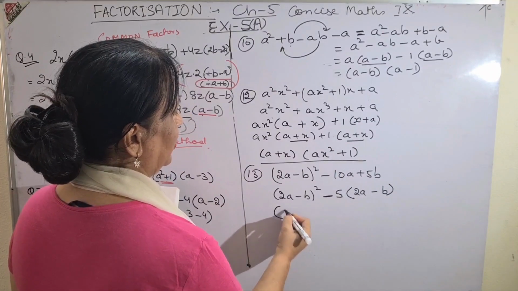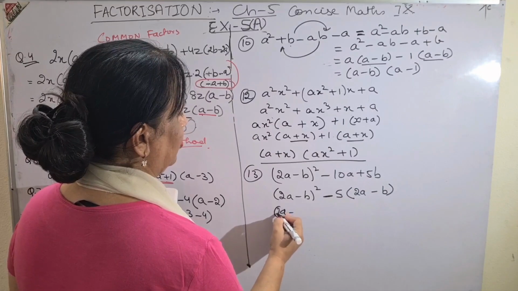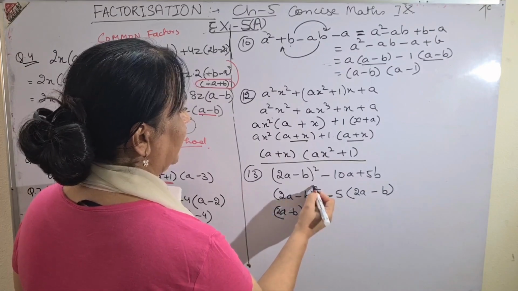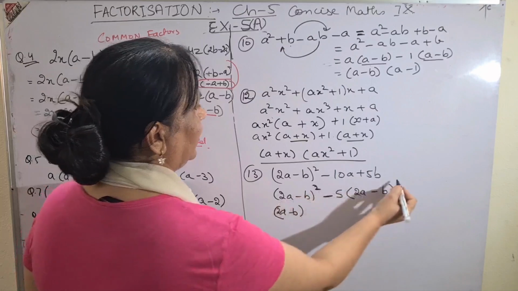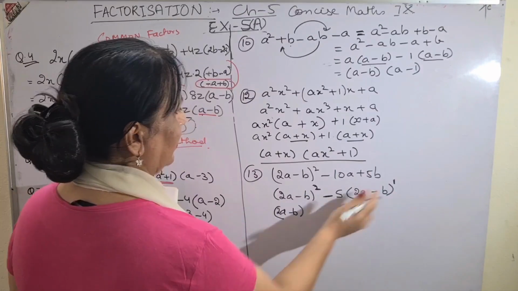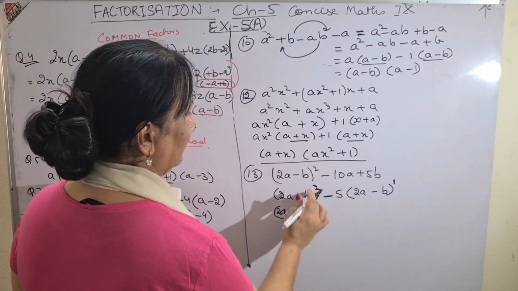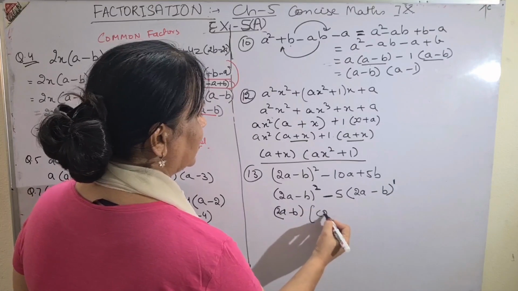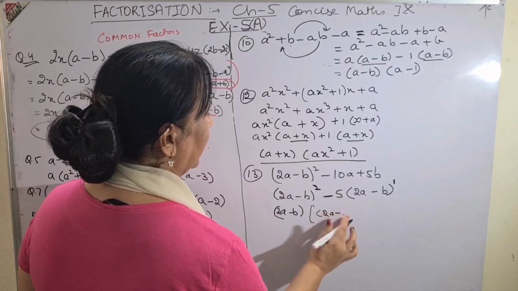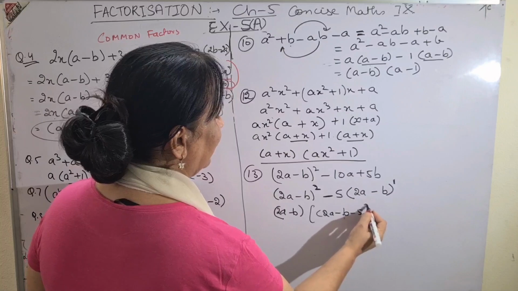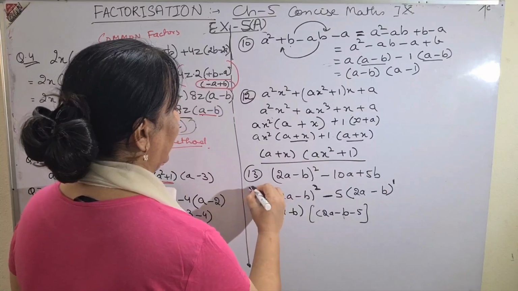You very well know that 2a minus b is your common factor, but the degree of the first term is 2, the degree in the second term is 1. So I'll take 1 of the degree common. Because I've taken 1 out, what is left is 2a minus b minus 5, and this is my answer, a very important sum for the paper.